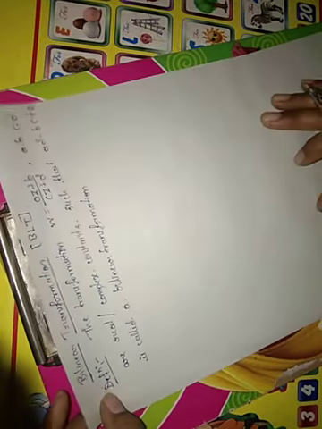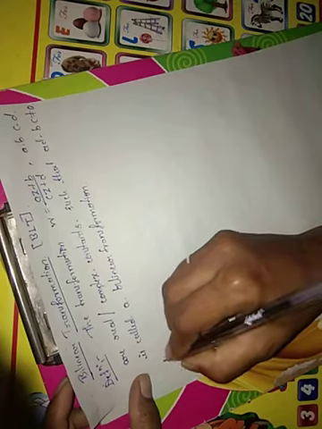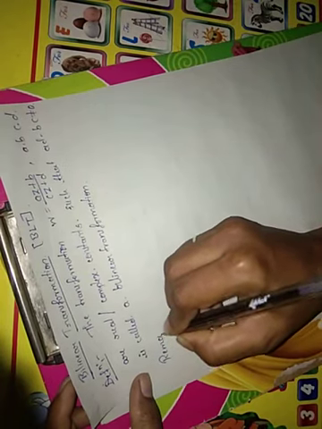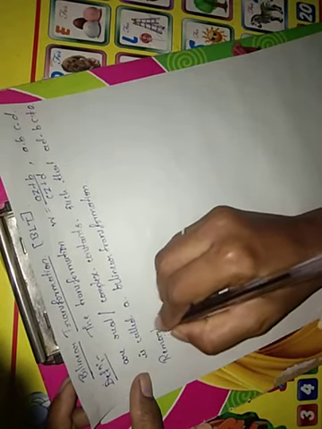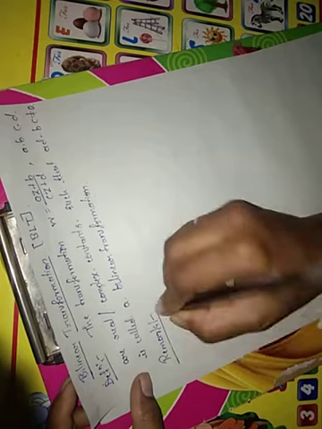Take down the next point. There are some important notes on this bilinear transformation, so we see them one by one. The first point says that if AD minus BC is not equal to 0, then the derivative of W is also not equal to 0.